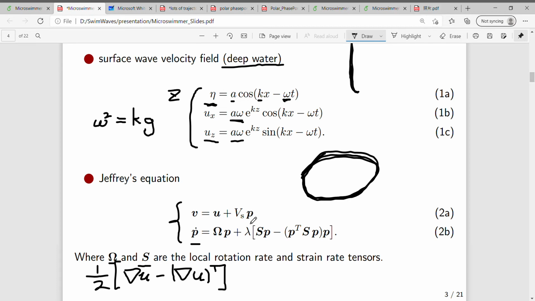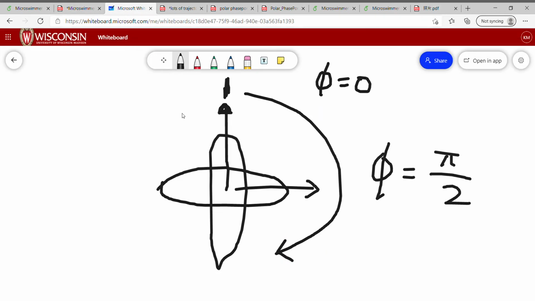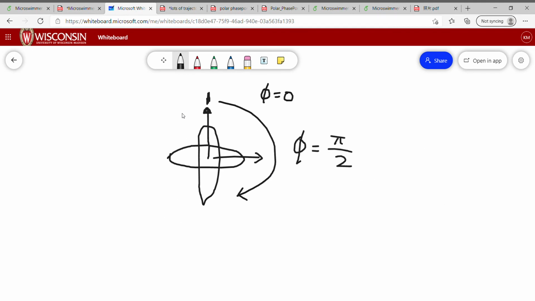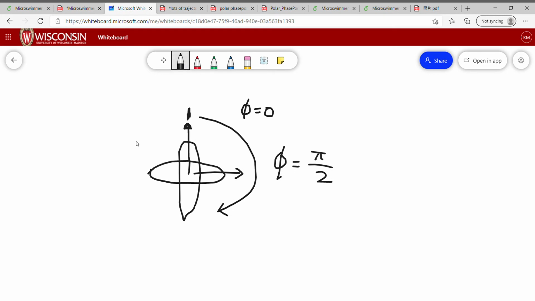And p here is the orientation of the microswimmer. For this problem, we have a specialized coordinate system for this microswimmer.